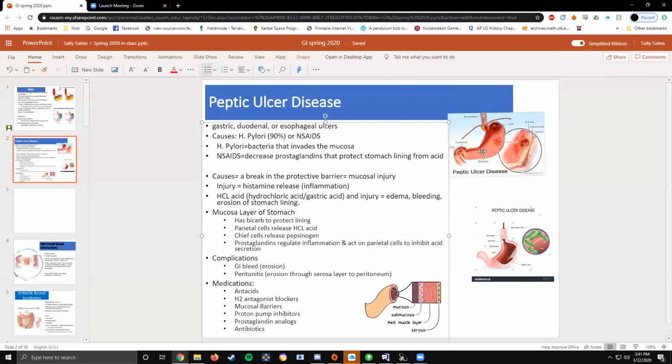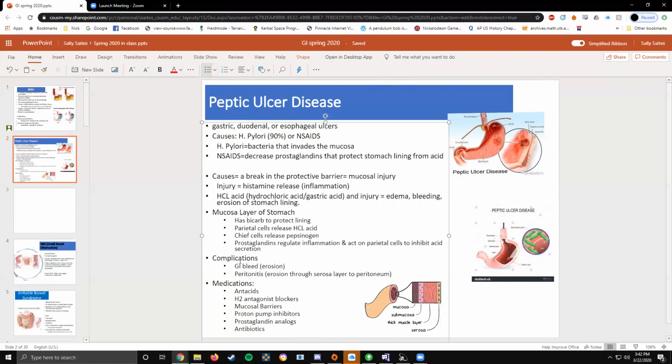One of them is sucralfate, and it coats the inside of the mucosal lining. Sucralfate actually really enjoys sitting on top of these ulcers, so it's a really good protectant for the ulcers. Our proton pump inhibitors, like we just mentioned, decrease the acid. We also have our prostaglandin analog.